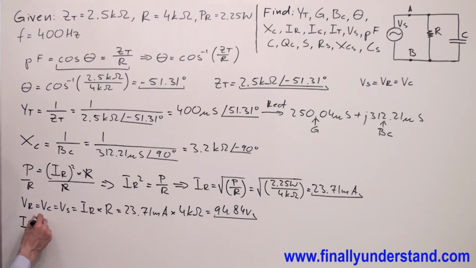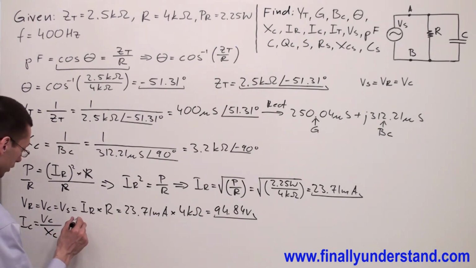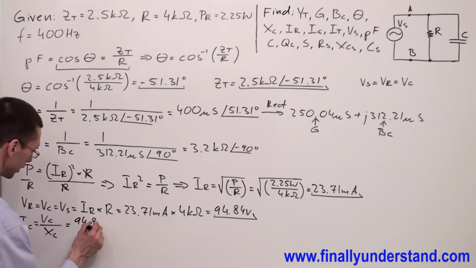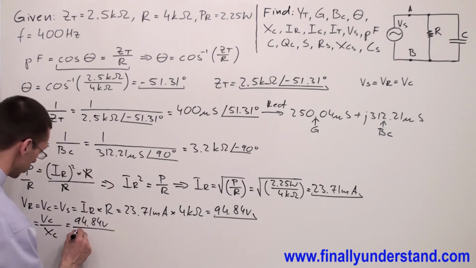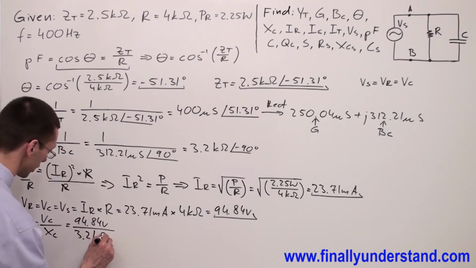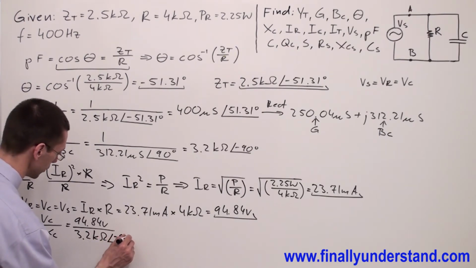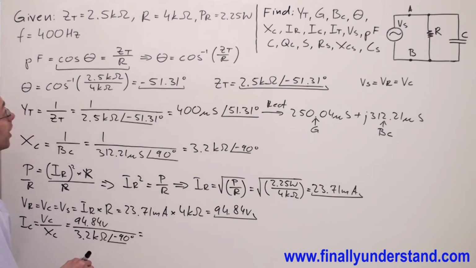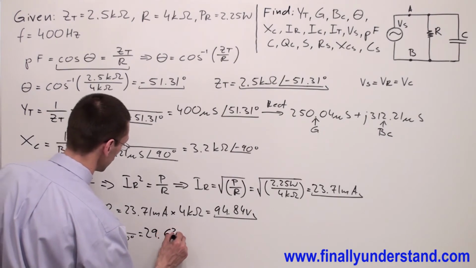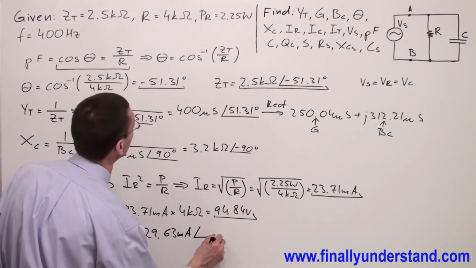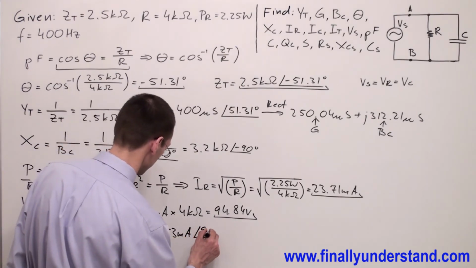If IC is equal to VC over XC, we have 94.84 volts divided by XC, and we found XC, this is 3.2 kiloohms and angle of negative 90 degrees, which is equal to 29.63 milliamps and angle of 90 degrees.